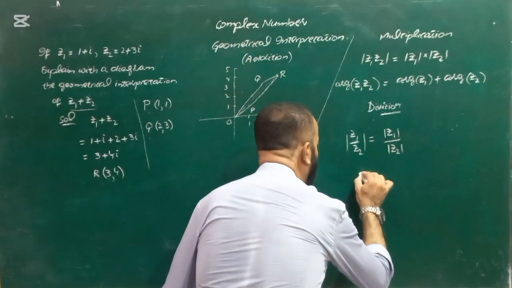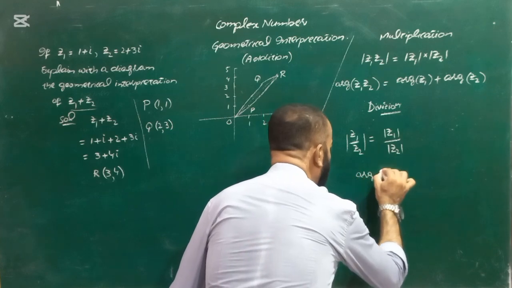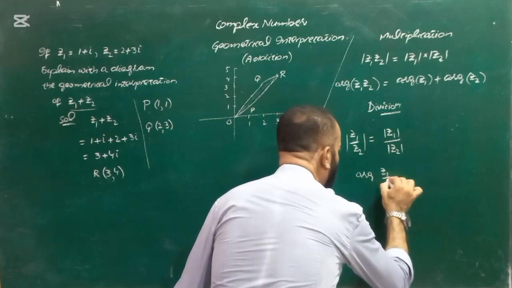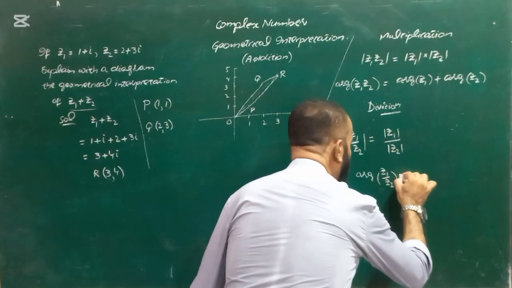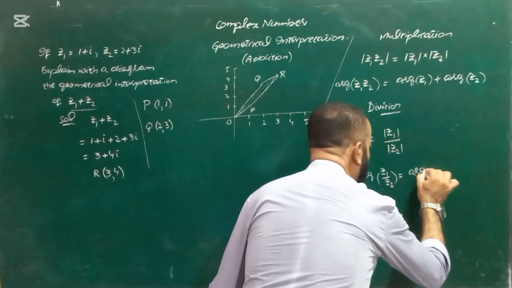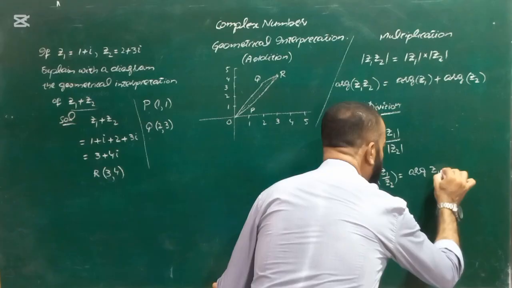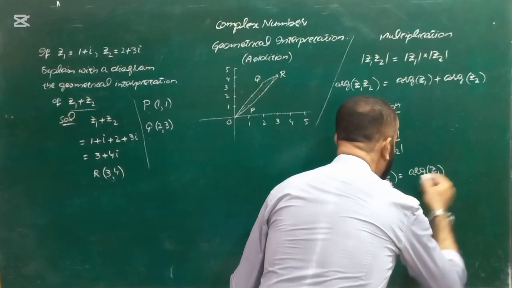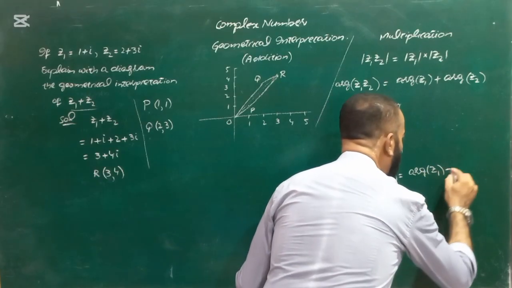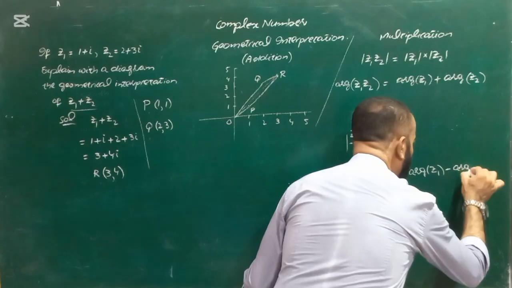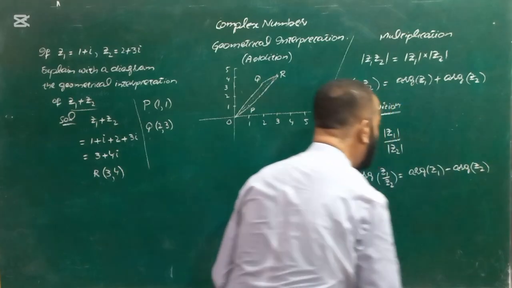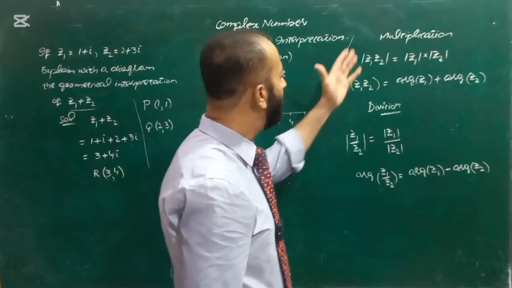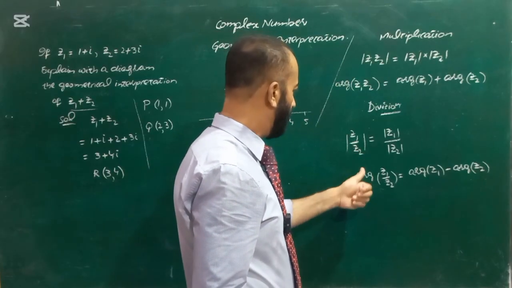And if we have to take the argument of two complex numbers that are dividing with each other, so actually we have to take the arguments of these two numbers and subtract the denominator's argument from the numerator's argument. So these are two concepts which will be used in multiplication and division.